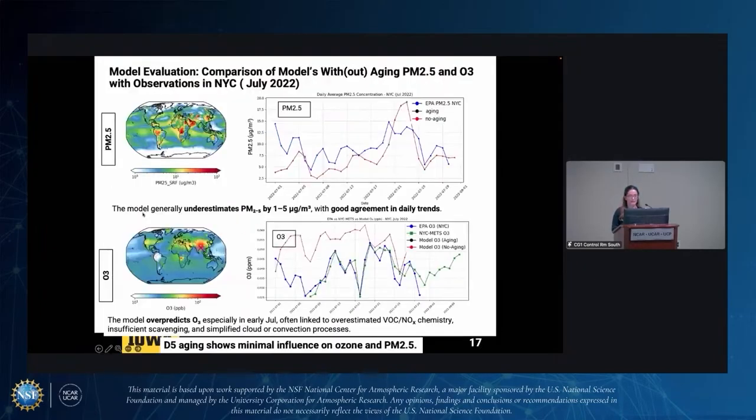And we evaluated the other parameters in the model, PM2.5 and ozone. For PM2.5, you can see the black and red lines overlaid for aging and no aging cases, which shows that D5 aging has minimal effect on other variables like ozone and PM2.5. The model underestimates PM2.5 with good agreement with the daily trend, and for ozone, it overestimates.